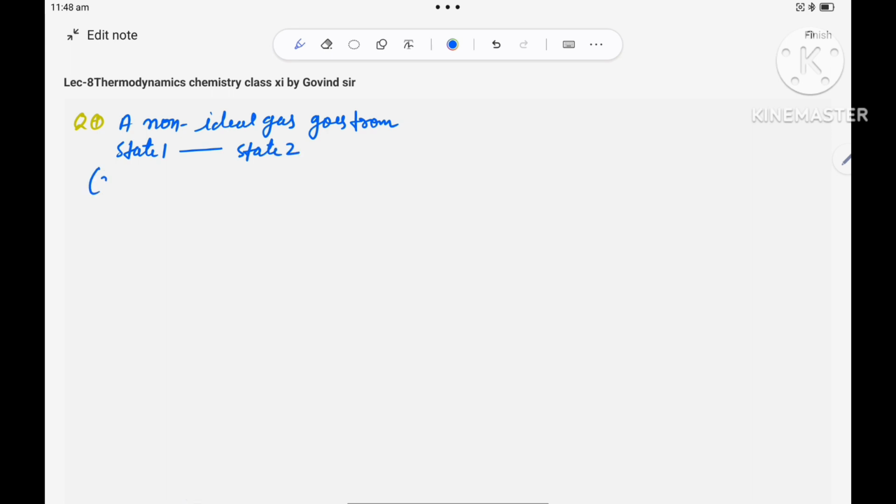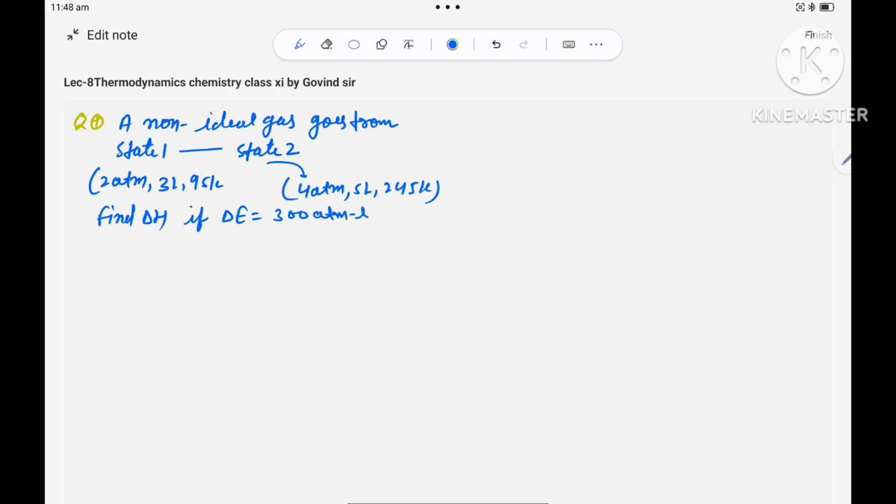State 1: 2 atm pressure, 3 liter volume, 95 Kelvin temperature. State 2: 4 atm pressure, 5 liter volume and 245 Kelvin temperature. Find delta H if delta E is equal to 300 atm liter. So how can we calculate it?